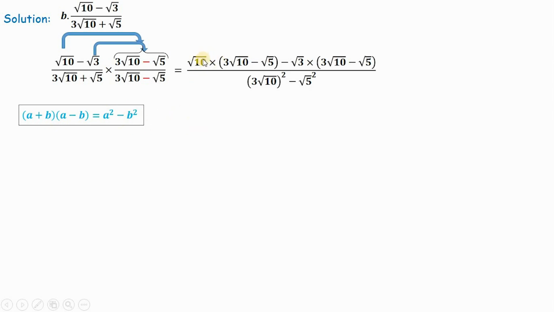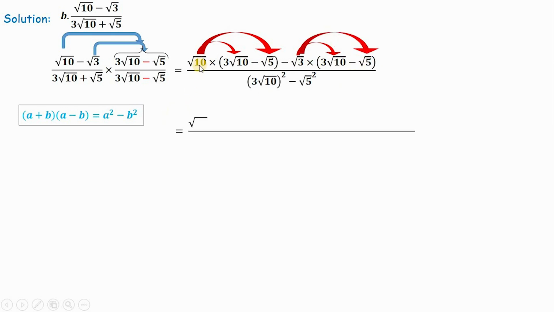Now we'll multiply this in the numerator. So root 10 should multiply 3 root 10, and root 10 should also multiply with square root of 5. Similarly, this minus root 3 should multiply with 3 root 10, and this minus root 3 should multiply with minus square root of 5.